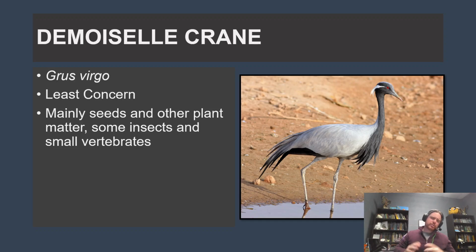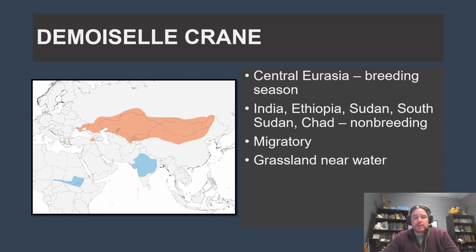The demoiselle crane is our only, in the tag at least, it's the only least concern crane, Grus virgo. It mainly eats seeds and other plant matter. It does eat some insects and small vertebrates.